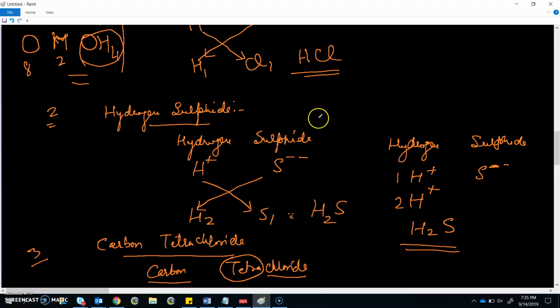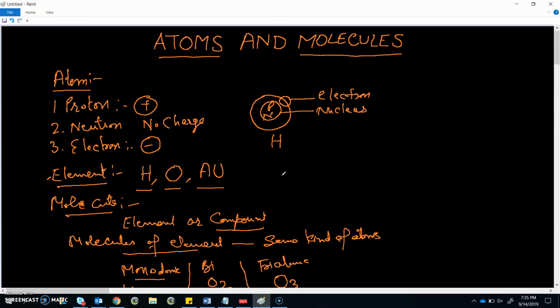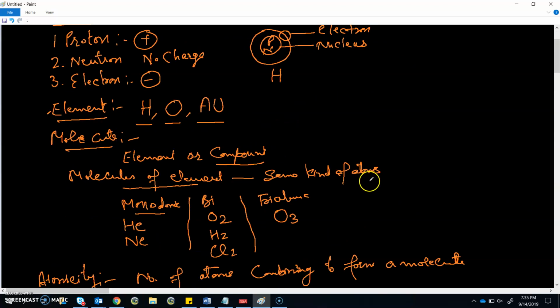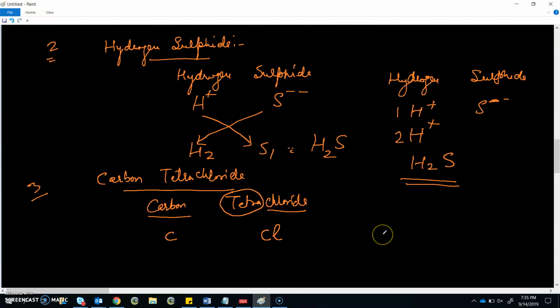Then again see the list. Carbon is not written here. This carbon is 4 plus and chloride is 1 minus. Now carbon is 4, so chloride is 1.